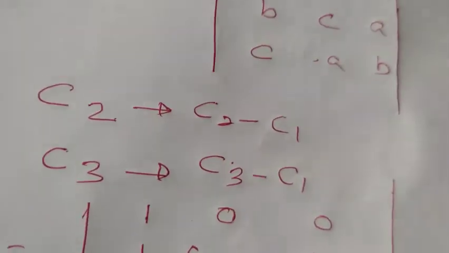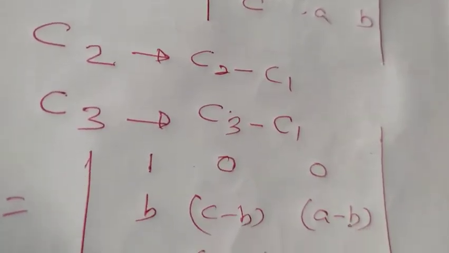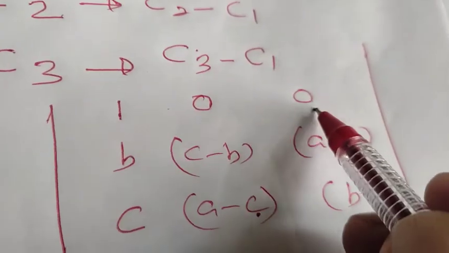Now we can easily expand this determinant, because two entries in the first row are 0.